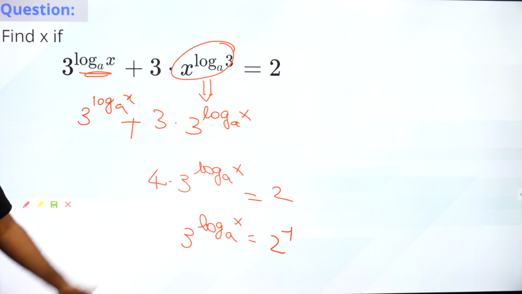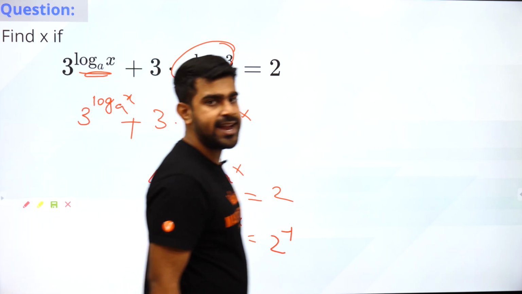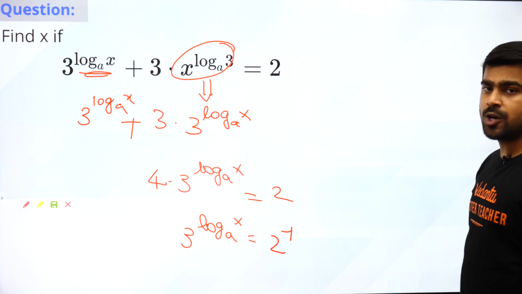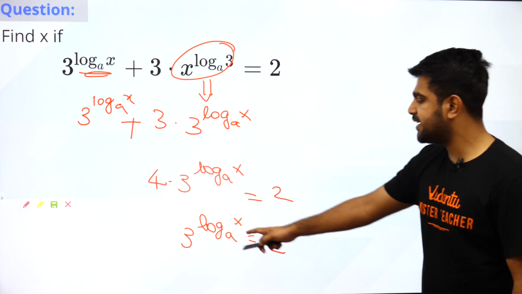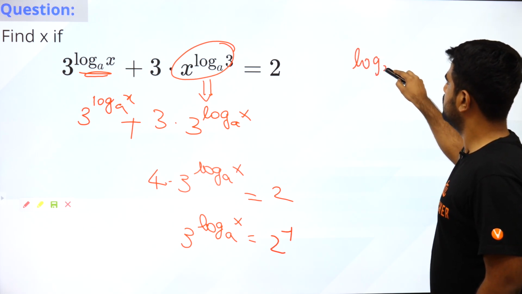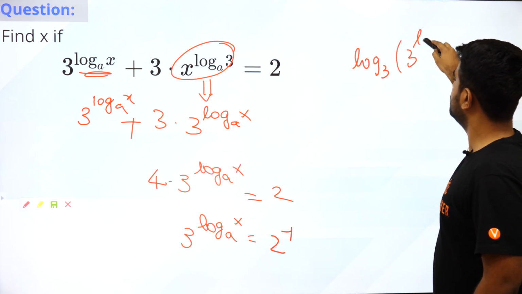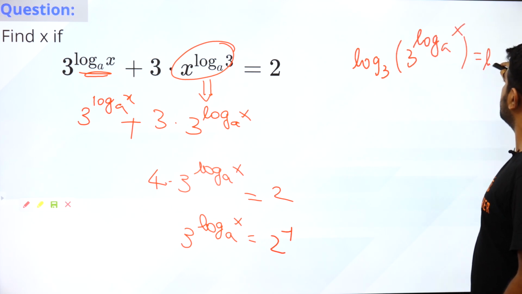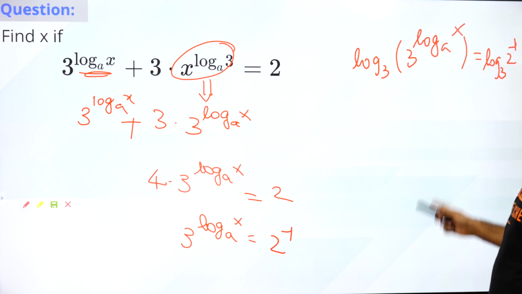Now I'll take log on both sides. Let's take log to the base 3. So if I take log to the base 3, what will I get? We have log of 3 to the power log x base a is equal to log base 3 of 2 to the power minus 1. I hope you guys can see that.